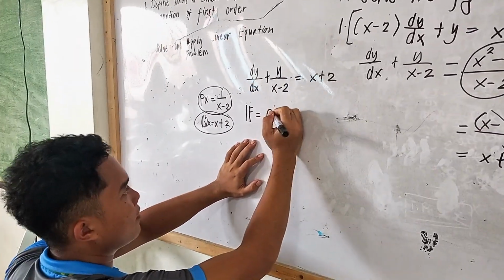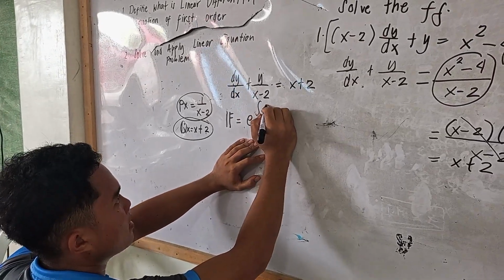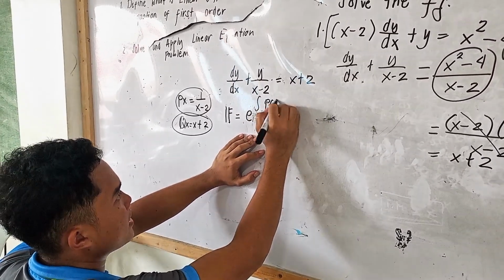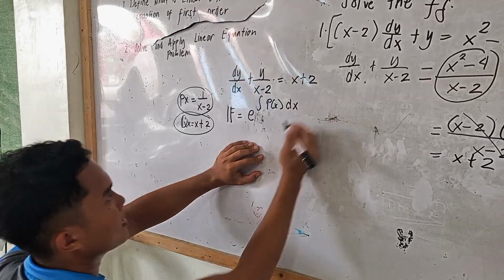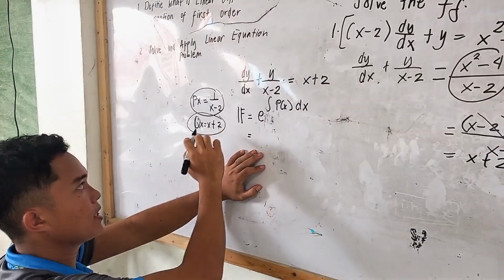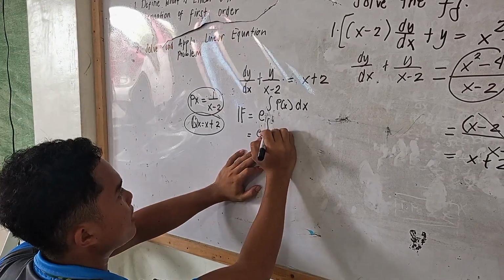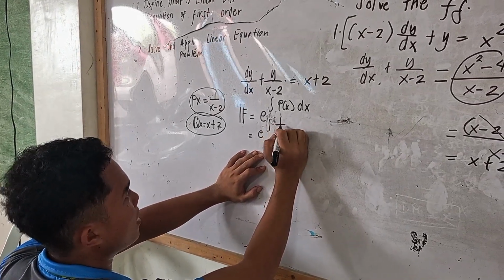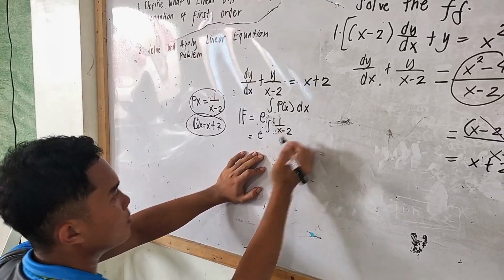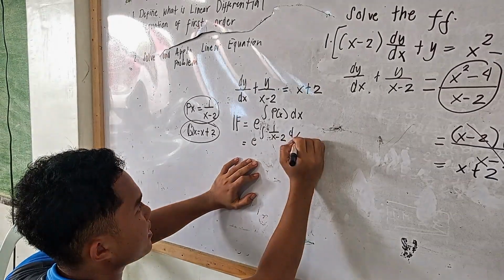The formula of the integrating factor is e raised to the integration of p of x dx. So we have the integration of 1 over x minus 2 dx.